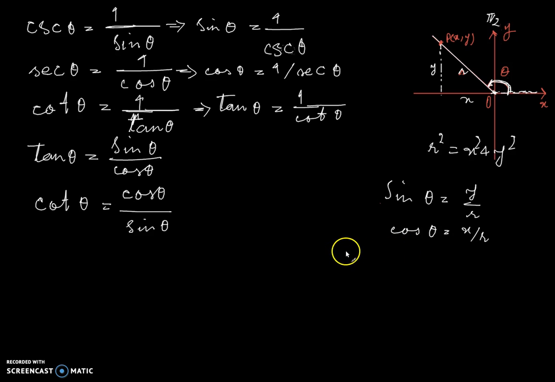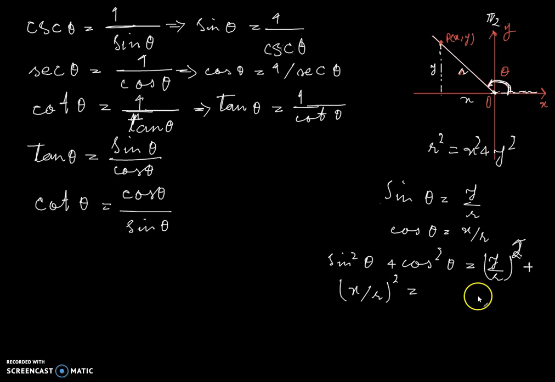So sine squared theta plus cos squared theta is equal to y by r whole squared plus x by r whole squared, which is basically y squared by r squared plus x squared by r squared, which is x squared plus y squared by r squared.